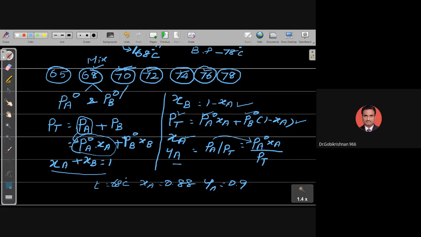For the same 70, you have to find PA0, PB0, and follow the rest of the procedure, and you get the second set. Likewise, you have to do the rest and get all the data. After getting the data, we can draw the XY diagram. All of you, are you clear?